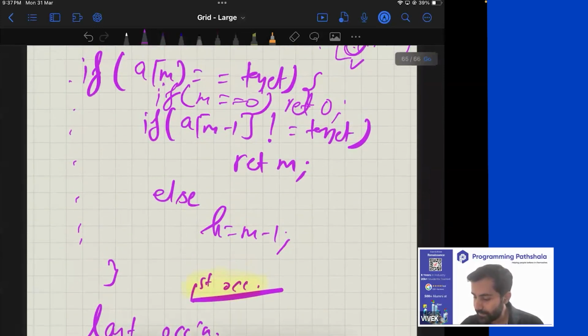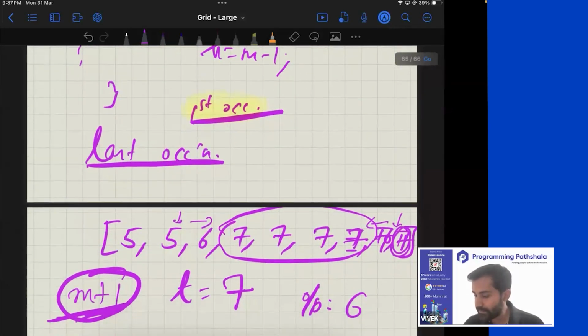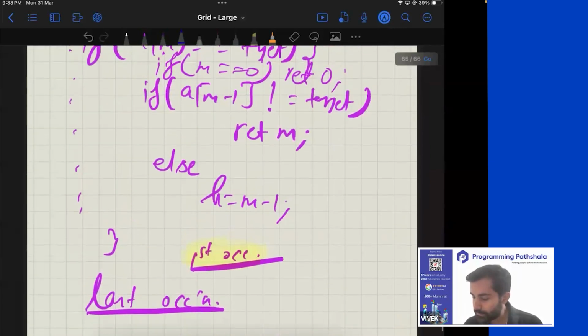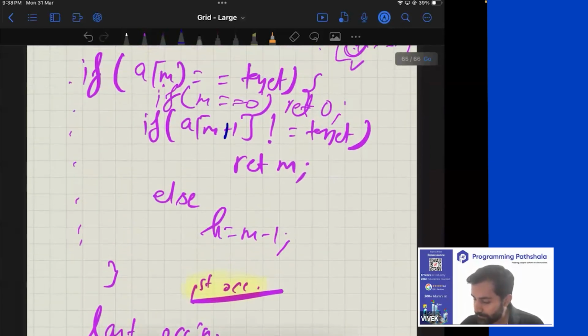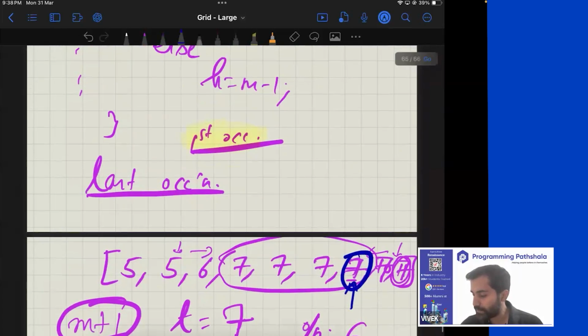I can say that, to implement the last occurrence logic, if a of mid plus 1 is not equal to target, I will return mid, as I told you. So let's say this was the last index, and after that you had 17. You would say that this is my answer, right?